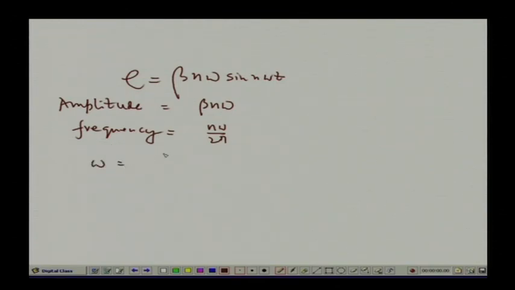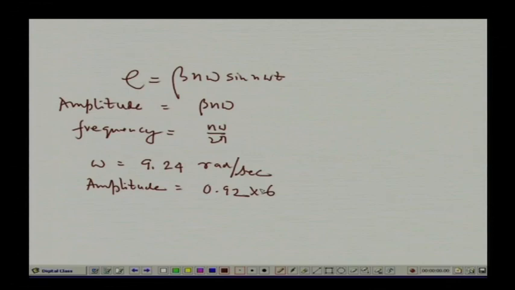So, omega for the minimum flow rate, if I plug in all the expressions, will become 9.24 radians per second, right, and the amplitude will be given by 0.92 multiplied by number of blades 6 into 9.24, which will be 51 millivolt.